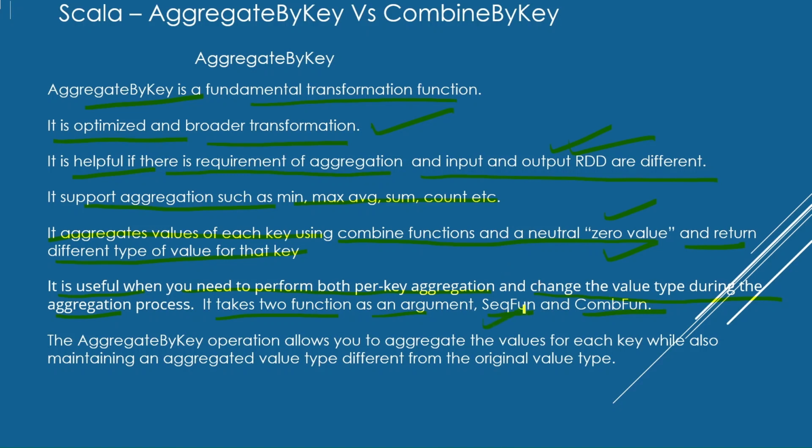One is the sequence function and one is the combine function. The aggregateByKey operation allows you to aggregate the values for each key while also keeping the aggregated value type different from the original value. So this is the same thing I just discussed: whenever we want a result which is a different type from the input, with the help of the aggregate operation we can achieve that.